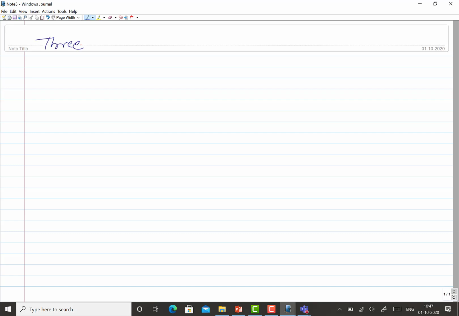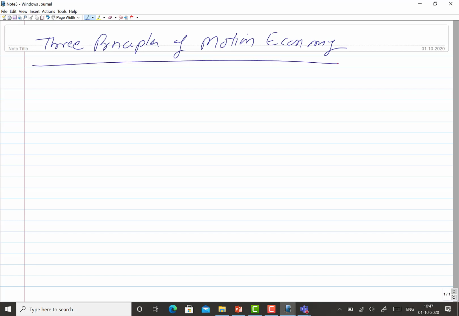These principles have been grouped by Professor Barnes, which are related with the study of the work of human beings during the job, as the principles of motion economy.